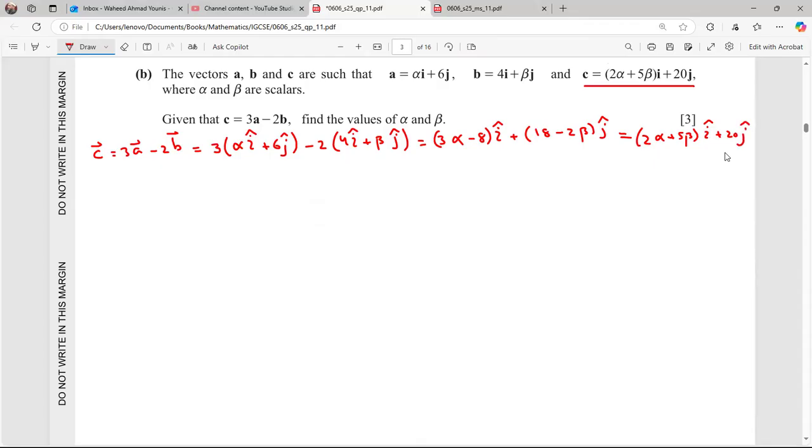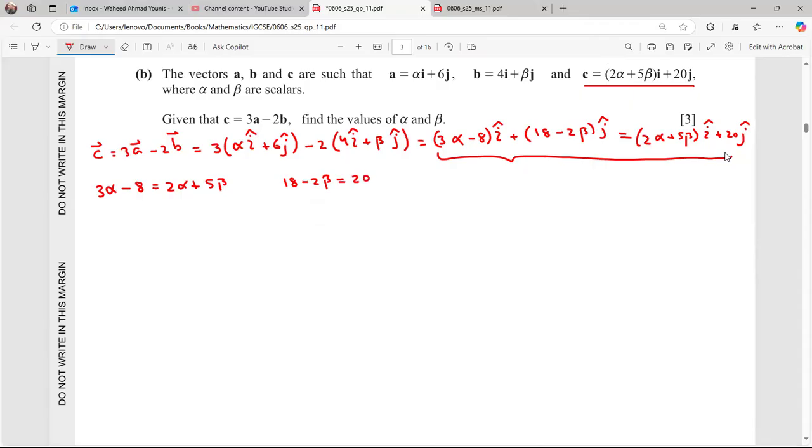So from this last expression, if we equate I with I and J with J, it's going to be 3 alpha minus 8 equals 2 alpha plus 5 beta. And the second relationship is 18 minus 2 beta equals 20.